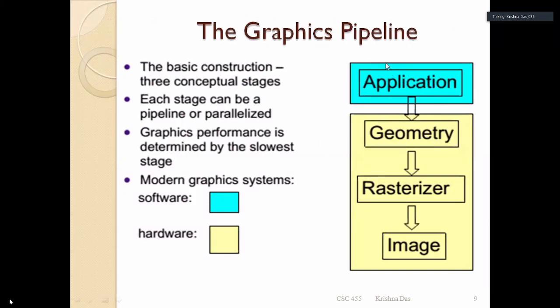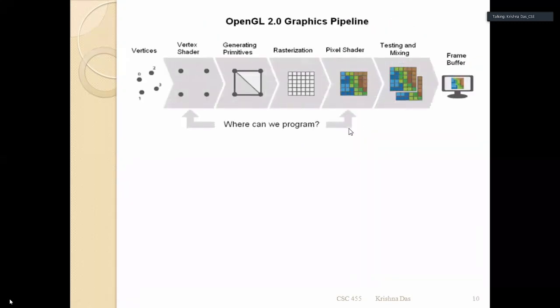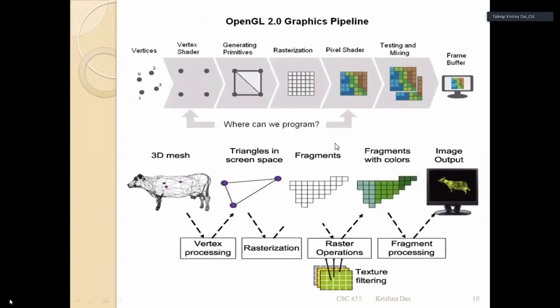The magenta or sky blue color is indicating the software based activity, while the later activities are based on hardware. So we will see how these three stages are related. The pipelining process in general, as you can see, you have the vertices.